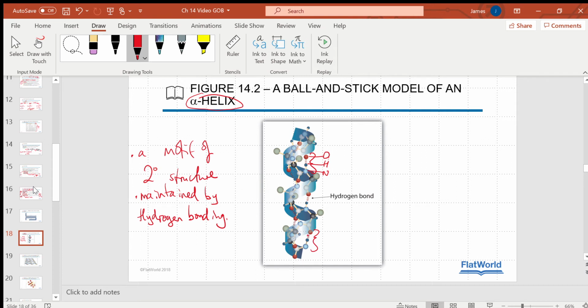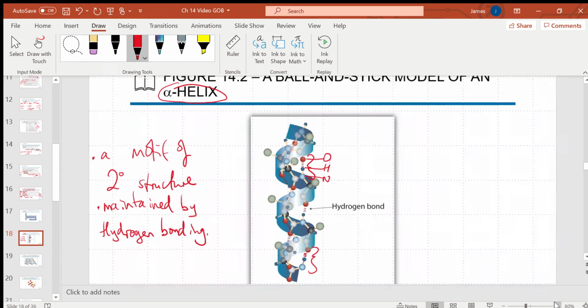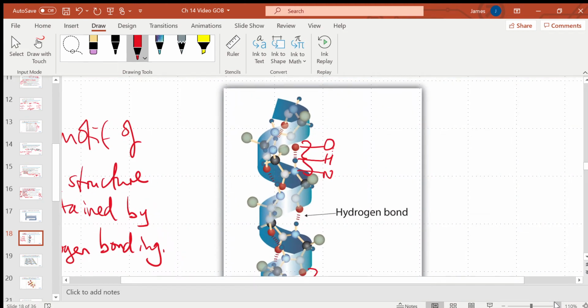This dashed line in this visual here, maybe I can make the visual a bit larger. Yeah, we can see it a bit better now, can't we? This dashed line is the hydrogen bond. Again, you can see here, this schematic doesn't have the typical colors used in ball and stick models, so it's hard to instinctively know what they are.